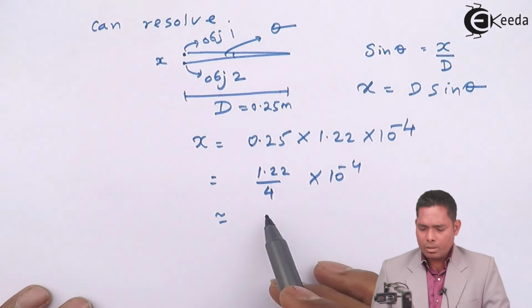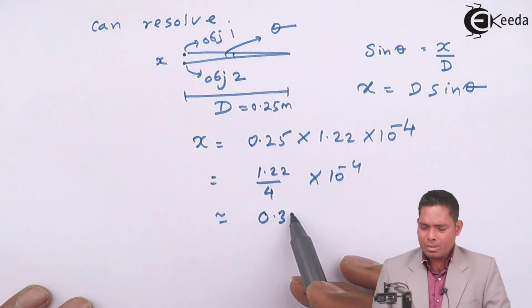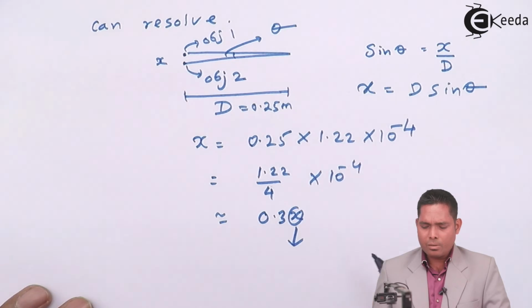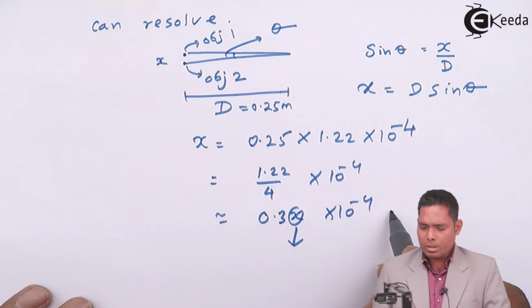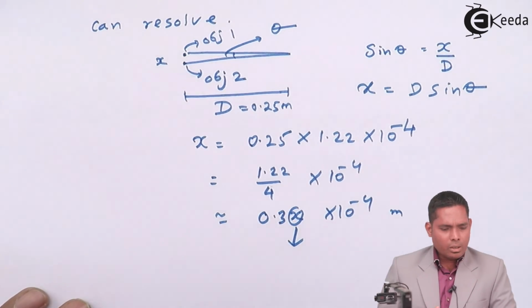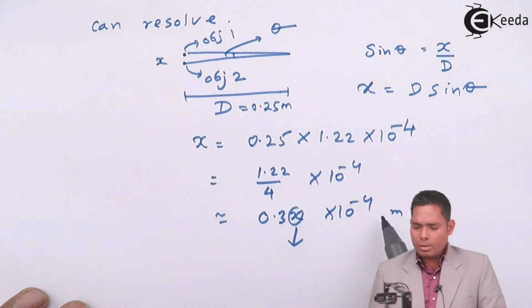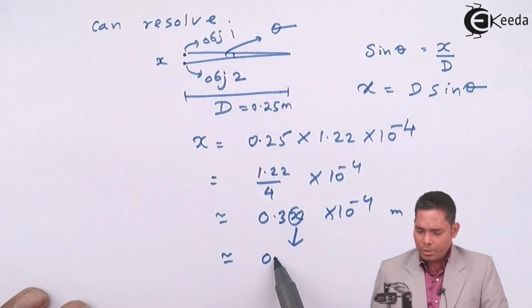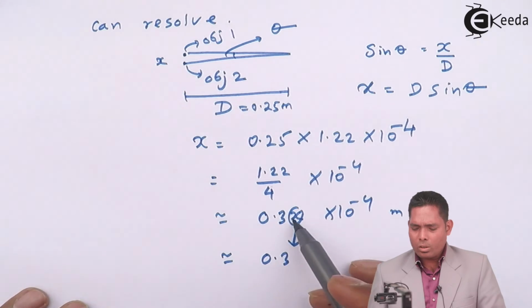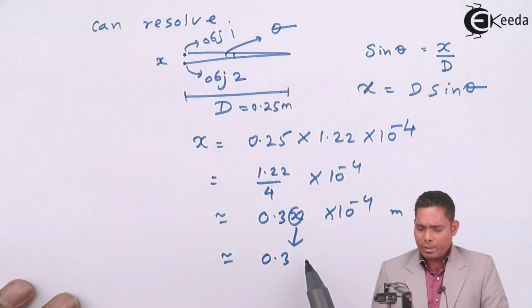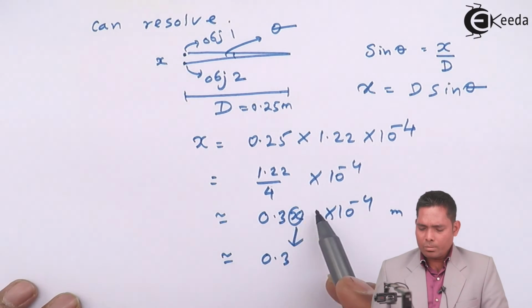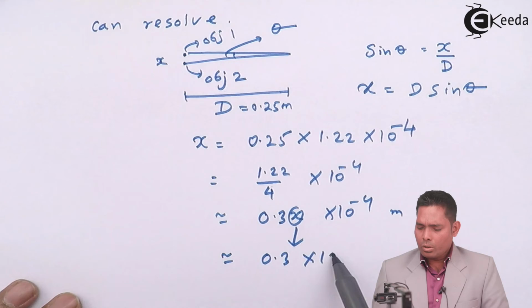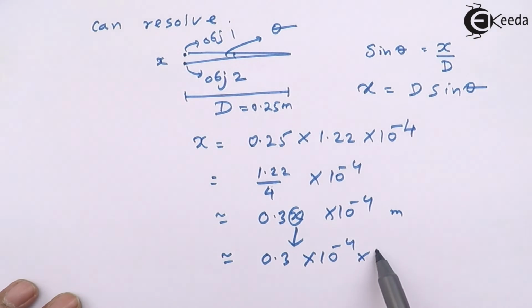I'm not interested in the 'something'. So 0.3 into something makes x, and I'm not interested in this value at all, into 10 raised to minus 4 meter. Now the options are in micrometer, so I'll do one thing. I take 0.3 and drop whatever value comes after. So 0.3 into 10 raised to minus 4. But then I'll multiply by 100 and divide by 100, so that this is converted into micrometer.